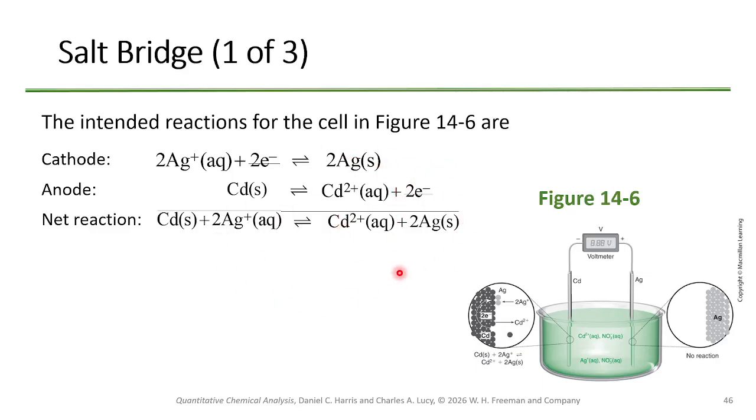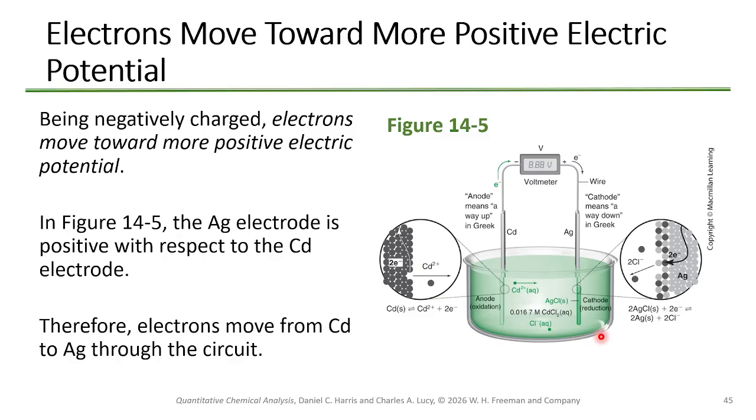Again, that is that net reaction right here. Note that this cell right here that we were looking at would do this reaction for only a temporary amount of time. As you do this reaction, what would happen is your charge would build up over time. And finally, you would come to equilibrium, right?